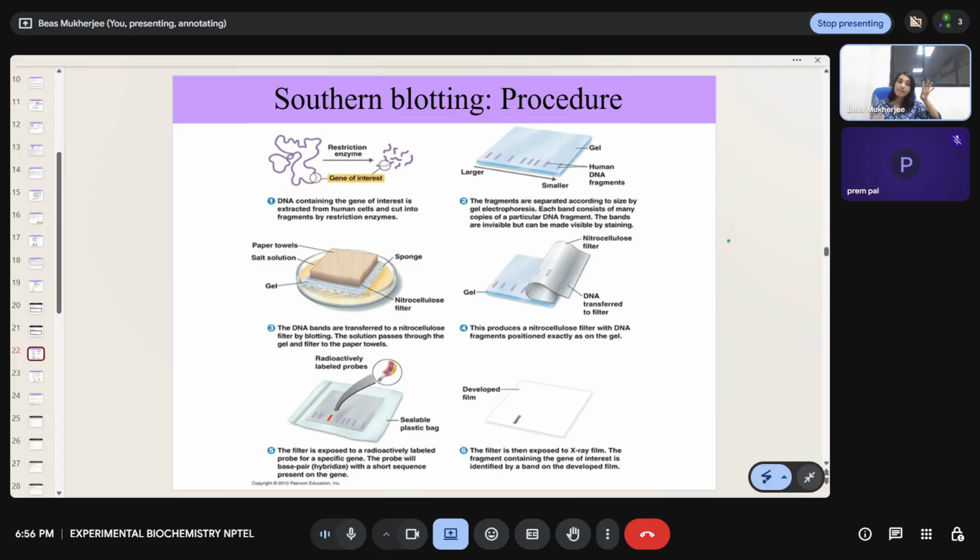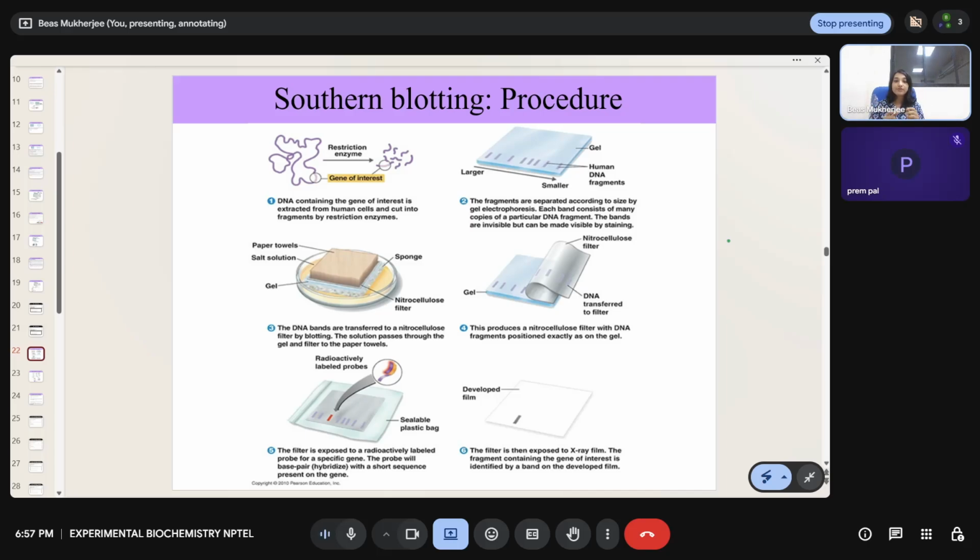It is sticking to the membrane at the exact same positions as it was on the gel, right? So it is just a replica. So the DNA bands are transferred onto the nitrocellulose membrane by blotting. The solution passes through the gel and is filtered to the paper towels. Now this produces a nitrocellulose filter with DNA fragments positioned exactly as on the gel.